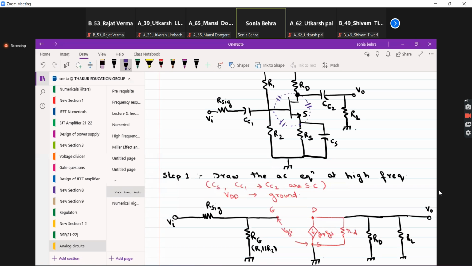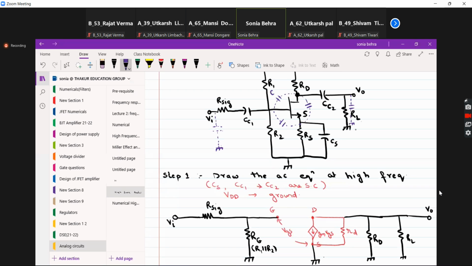So there's no need to draw this. I'm just drawing it so that you can understand how I'm doing the connections. There is a capacitor over here and there is a capacitor over here. You know this. अभी तक हमको ये पता चल गया.